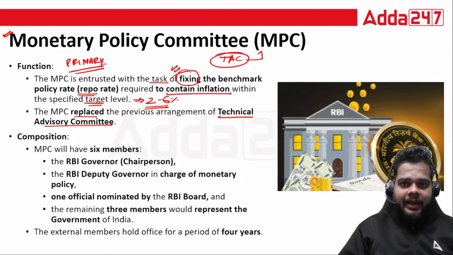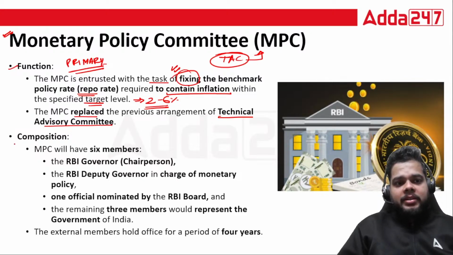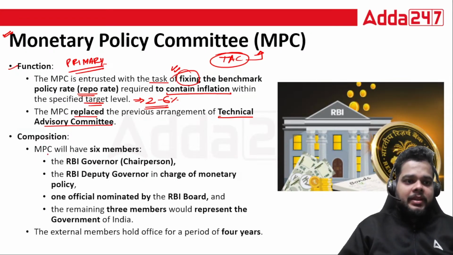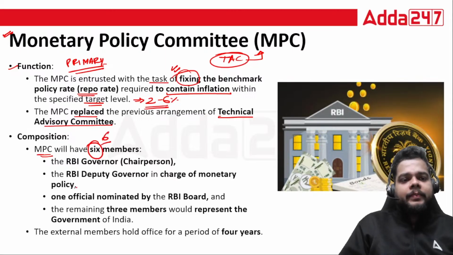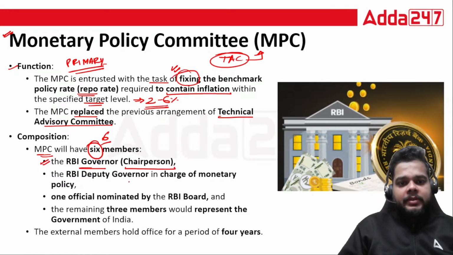Earlier, prior to MPC, what was the mechanism which was utilized to control the monetary policy of our nation? It was TAC. Okay. Now comes the important question: what is the composition of this Monetary Policy Committee? There are in total six members, already dealt with this. The first and the foremost would be the governor, the RBI governor, who will be the chairperson also.